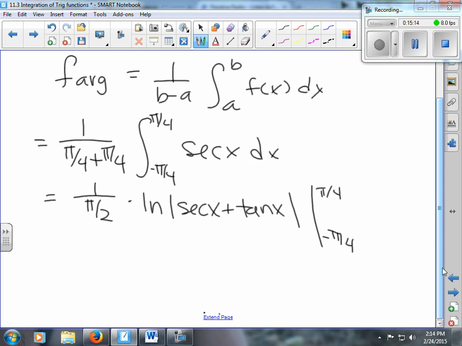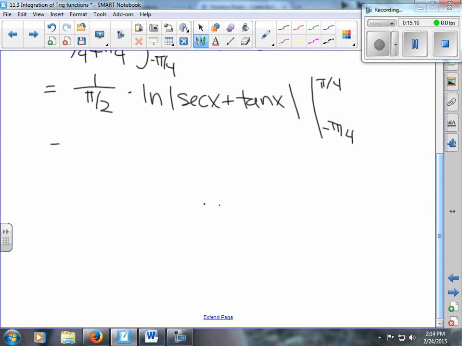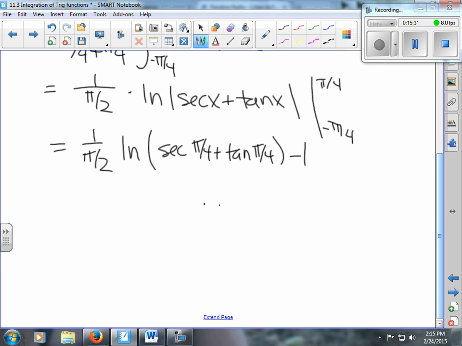So I'm going to plug those two numbers in and subtract. So I have 1 over pi halves natural log of the secant of pi fourths plus the tangent of pi fourths minus the natural log of the secant of negative pi fourths plus the tangent of negative pi fourths. So I've just simply plugged in pi fourths and negative pi fourths.